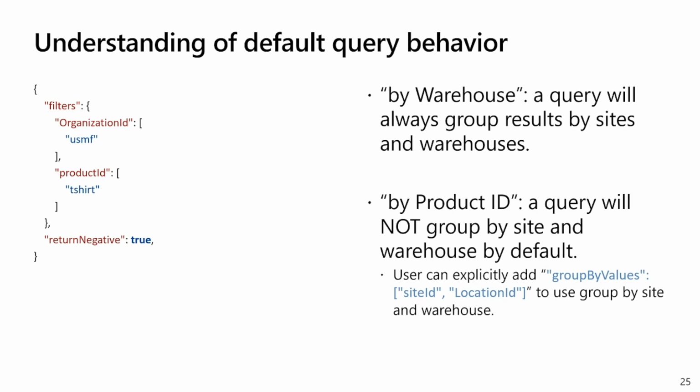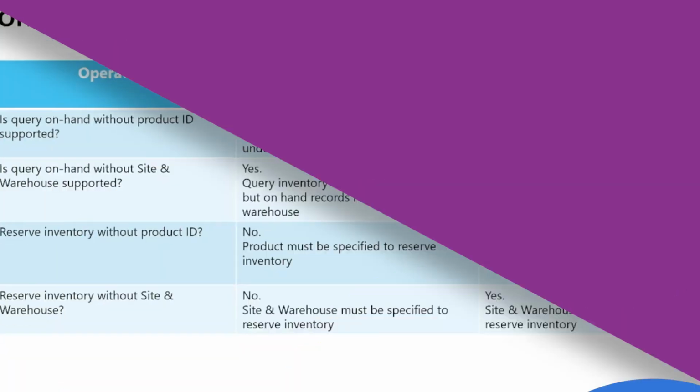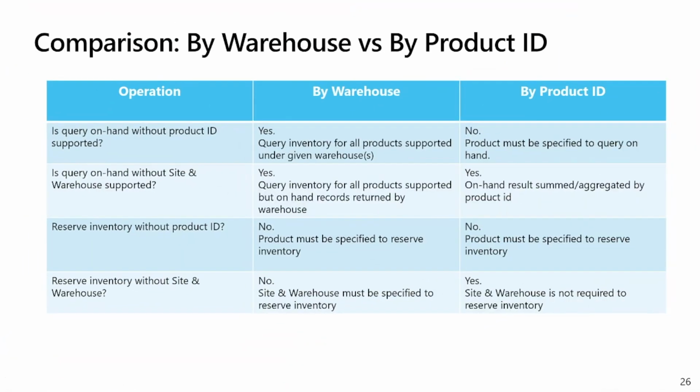Users need to add the group by values explicitly by themselves to use the same group by site and warehouse capabilities as they did in the case of grouping data by warehouses.